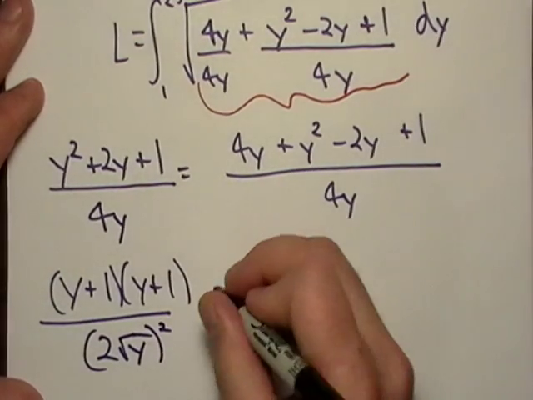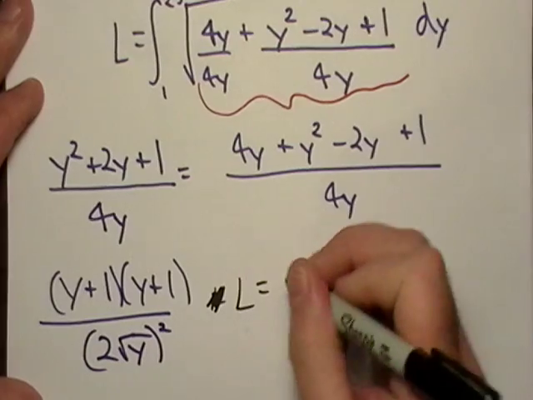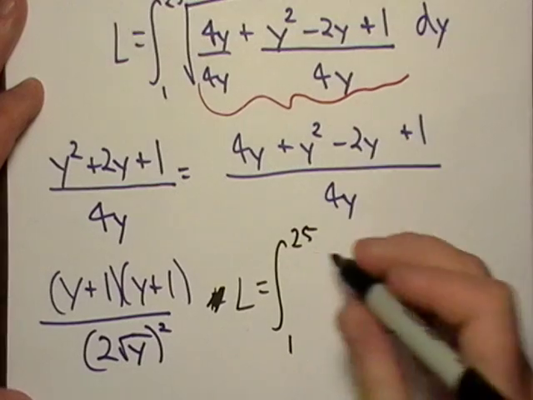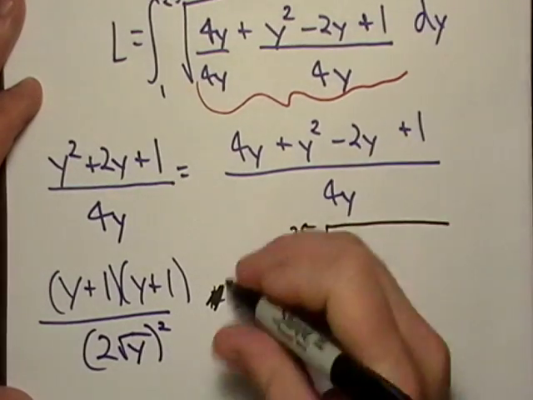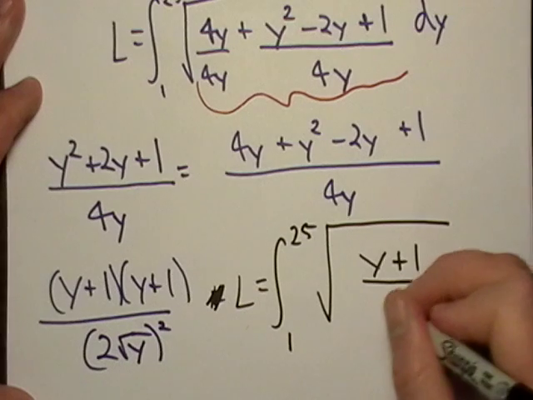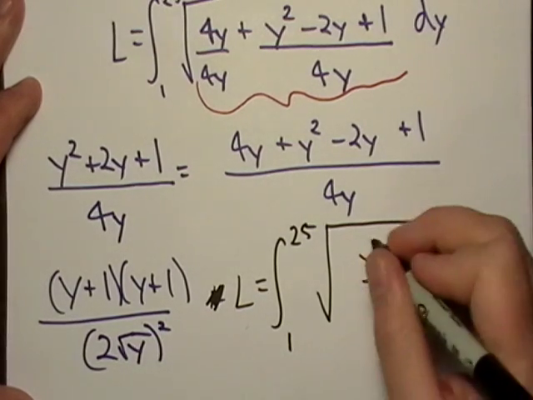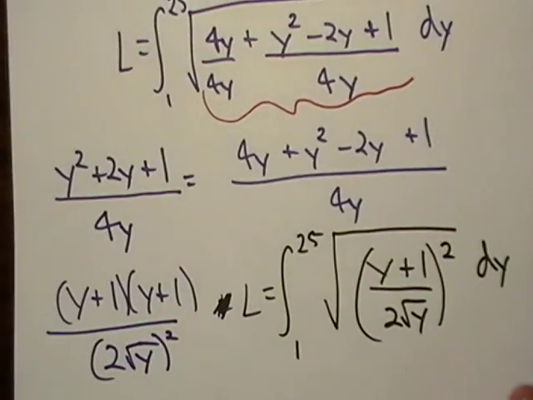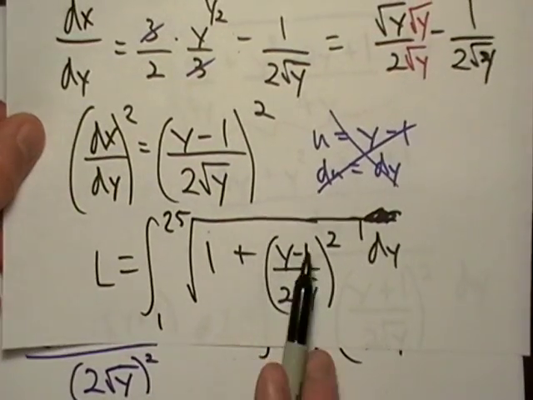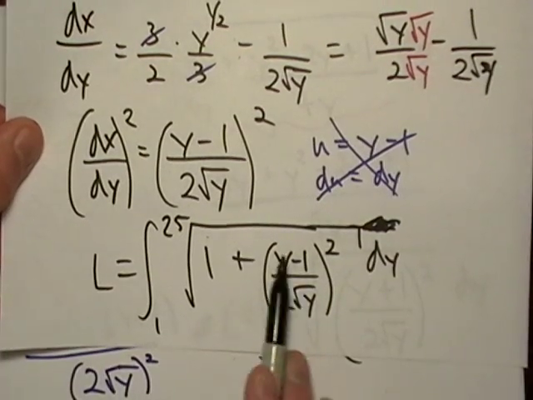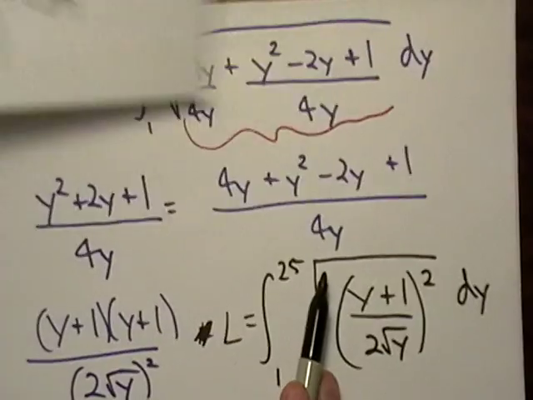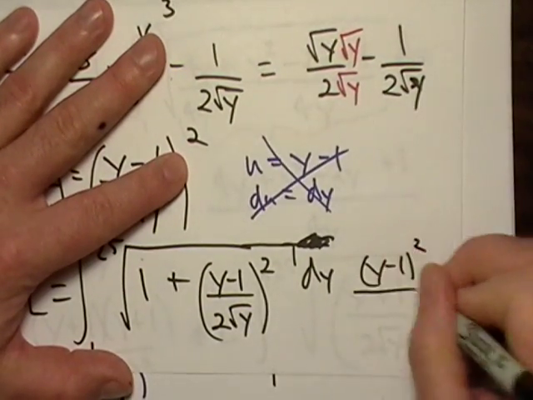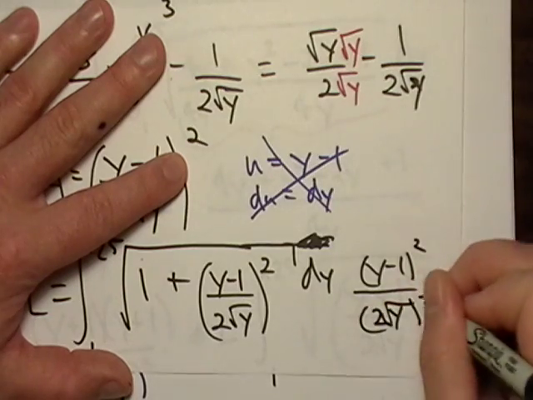So the length is going to be equal to the integral from 1 to 25 of the square root of y plus 1 over 2 square root y, squared, dy. Does everyone see how I did that? I started right here with this thing, and the u substitution didn't work, so I just expanded. This thing right here is just y minus 1 squared over 2y squared.